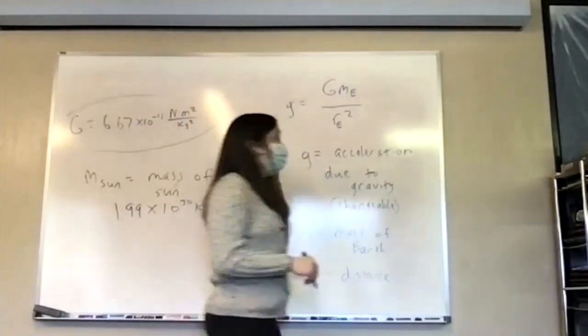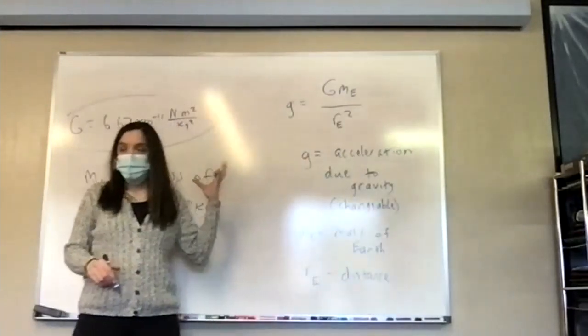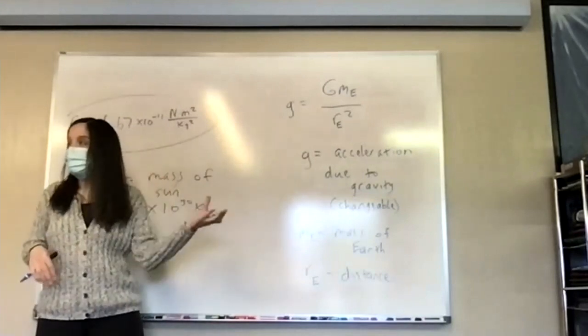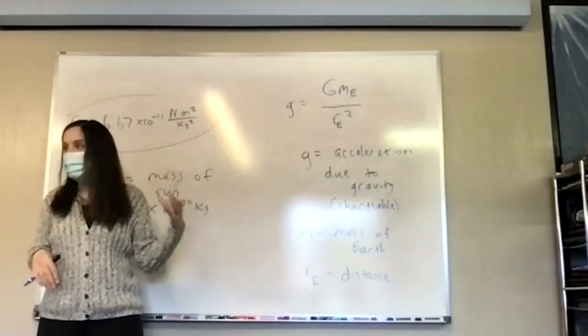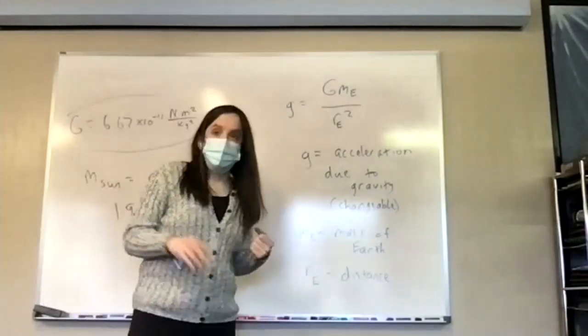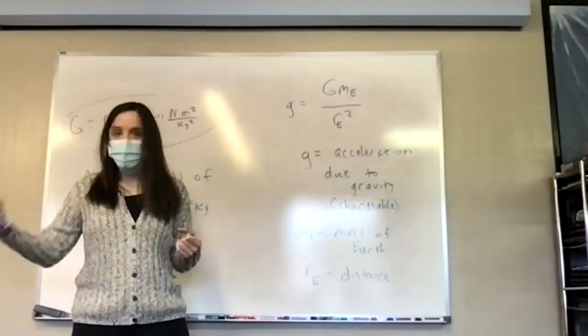So if you're on a mountaintop, g is smaller than if you're at sea level or on the ocean floor. If you're closer to Earth's center, you have a higher g and you're going to weigh more than if you're further away. So on a mountain, you do weigh a little bit less.